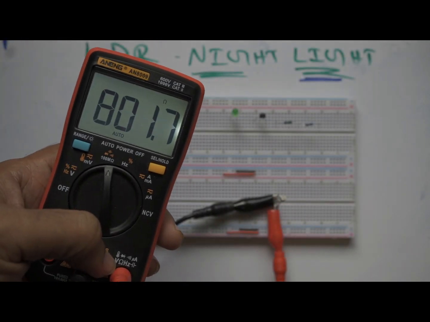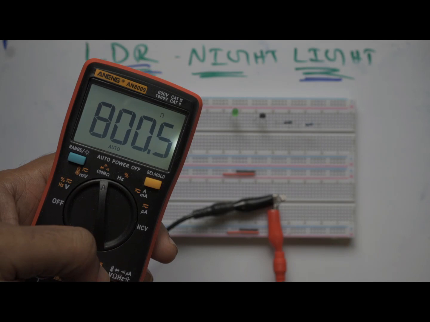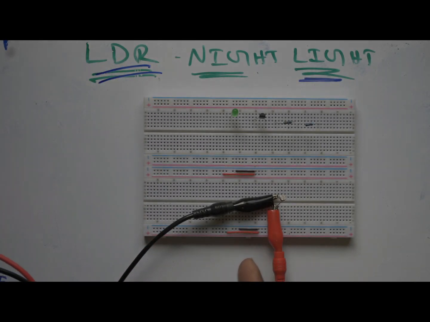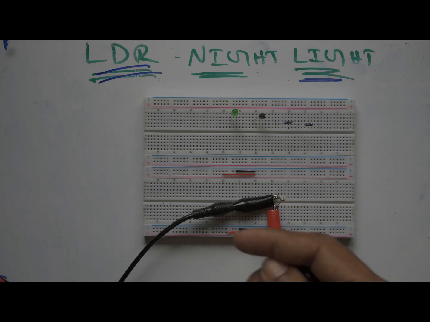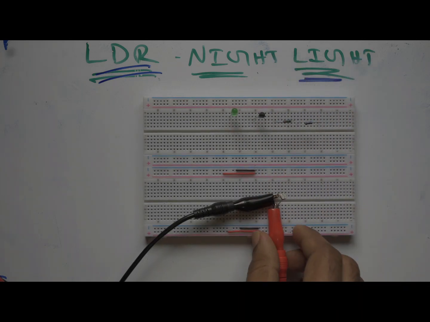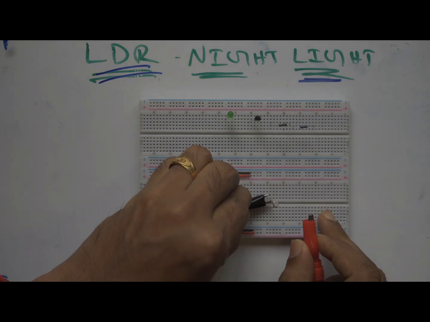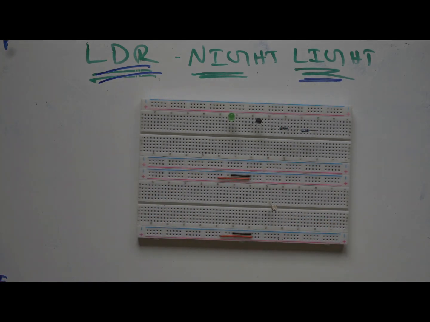So this is how it basically works, and this is the nature of the LDR, and we can utilize this very well to build a simple circuit to do a night light, which automatically powers up an LED in our case when the light falls off.